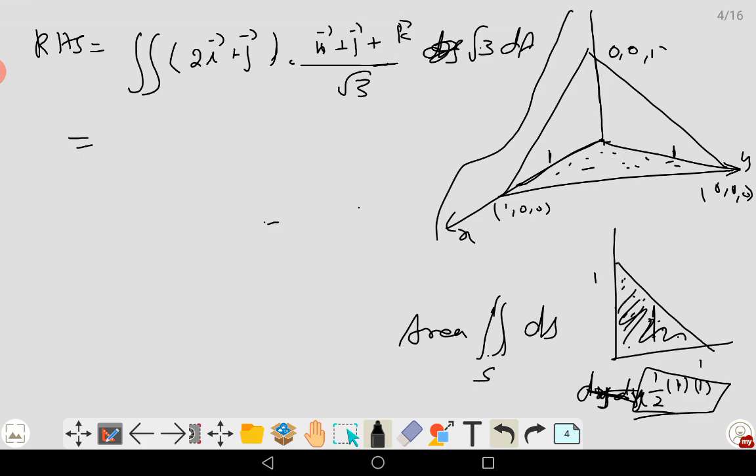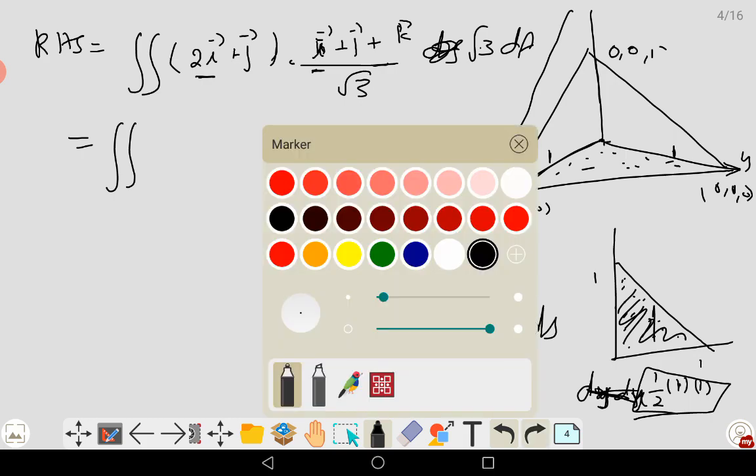This root 3 and root 3 can be cancelled. Double integral, find the dot product of two vectors. The k component is 0, so that will be 0. i dot this one will be 2, plus 1, that is 3.